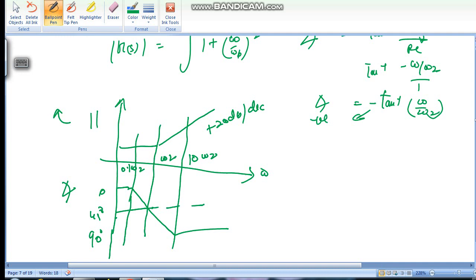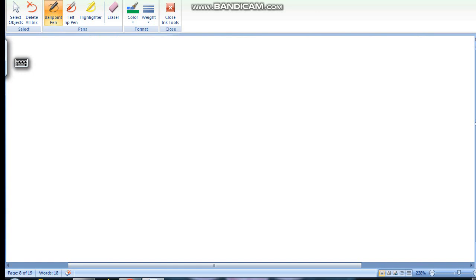This magnitude response is similar to the left hand plane zero, and the phase plot is similar to the left hand plane pole. Now let's see our fourth, that is the right hand plane pole.